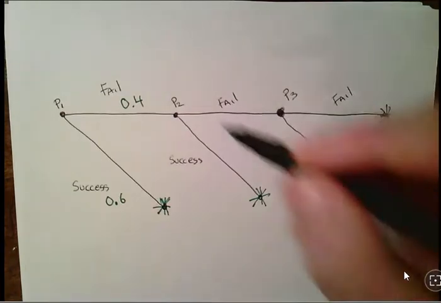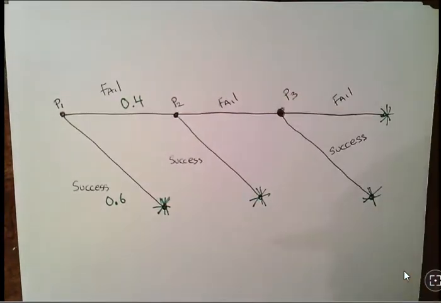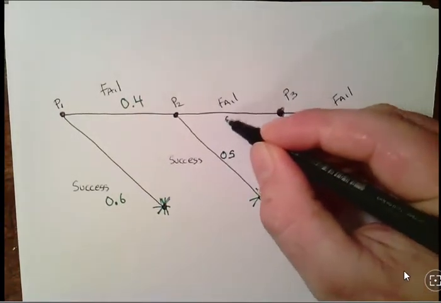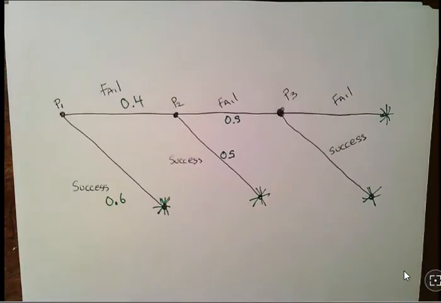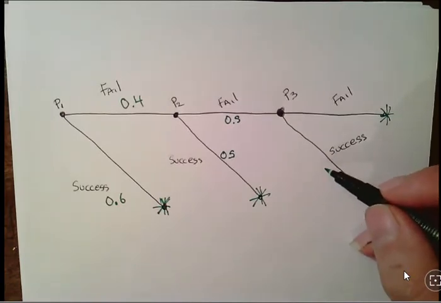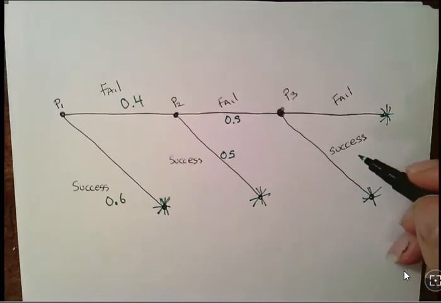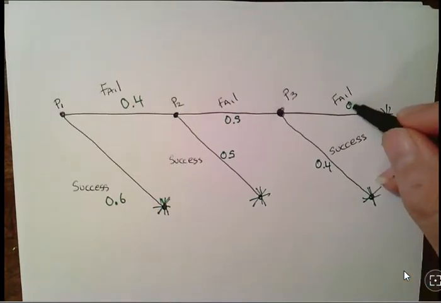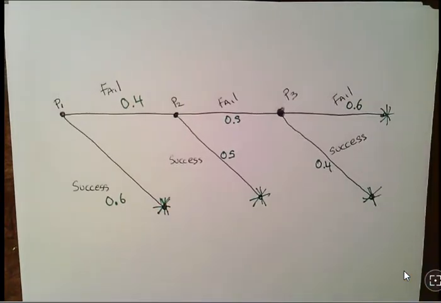The probability of success for the second prescription is 0.5, so the probability of failure from the second prescription is also 0.5. The probability of a successful outcome from prescription 3 is 0.4, which means the probability that prescription 3 is not successful is 0.6.